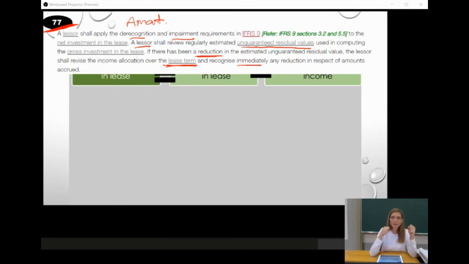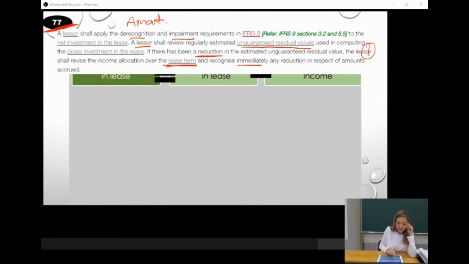So this is actually a more prudent requirement, to say we only worry about the unguaranteed residual value if it goes down. So that's the first weird thing: only when it goes down we worry about it. If it goes up, we don't do any journals or any changes.